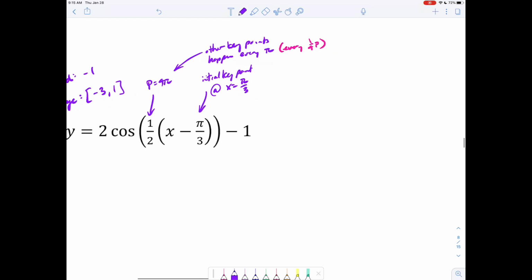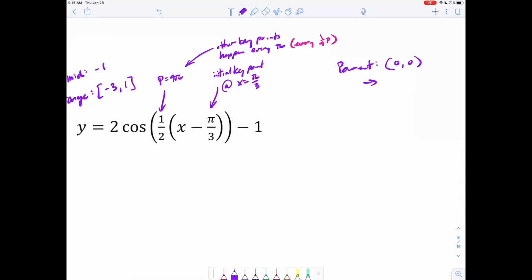So using this information, the initial key point on the parent function would be 0, 0. So transforming that, we're going to multiply it by 2 for the x values, which changes nothing there.